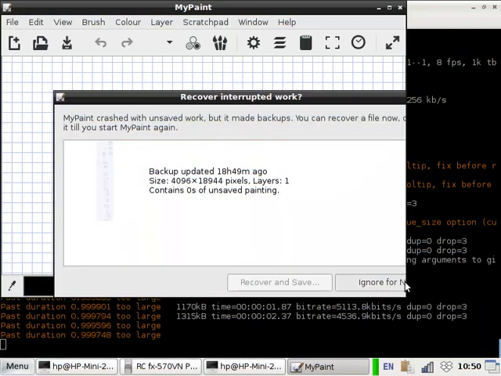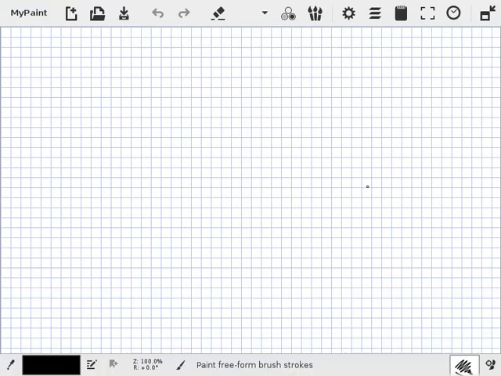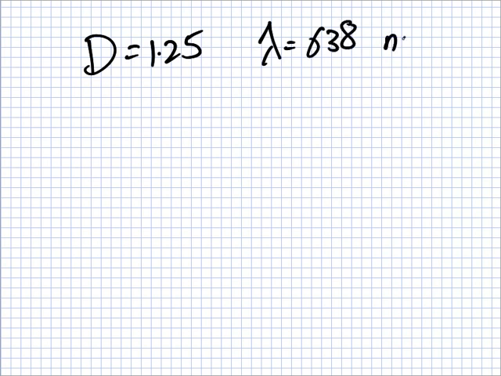In Young's double slit experiment, the double slits are placed at distance 1.25 from the screen. The wavelength is 638 nanometers. The distance from the third on one side to the third on the other side is that.